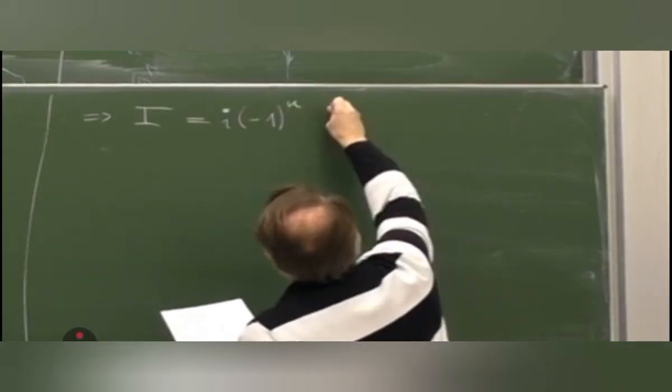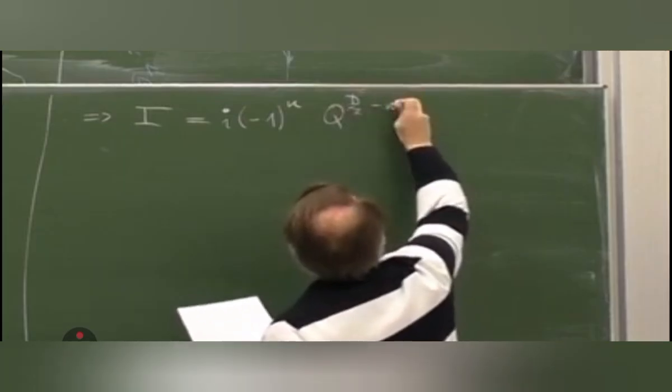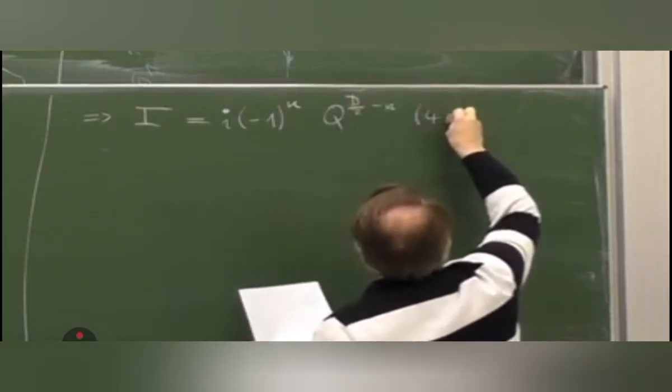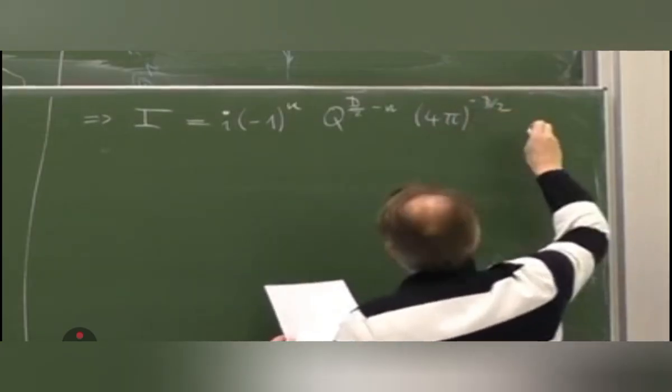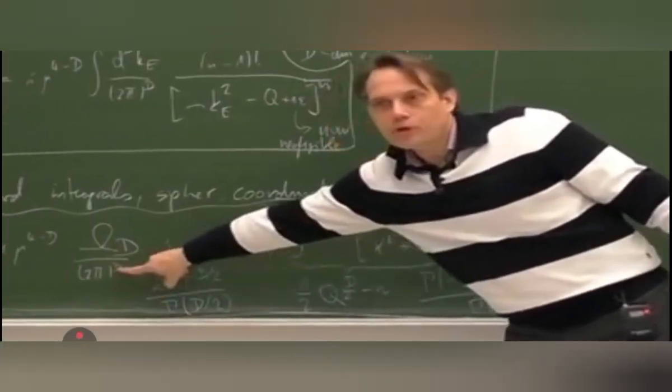Then q to the power d over 2 minus n times 4 pi to the power minus d over 2 times gamma function of n minus d over 2. And this 4 pi comes from combining the pi to that power times the pi with the other power.